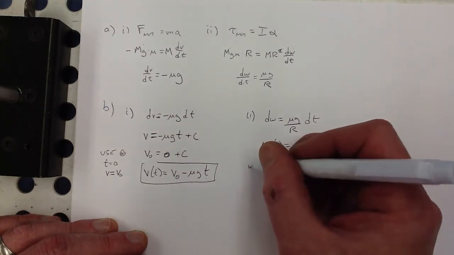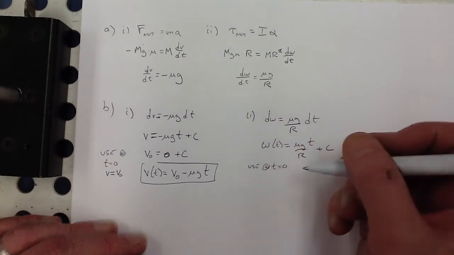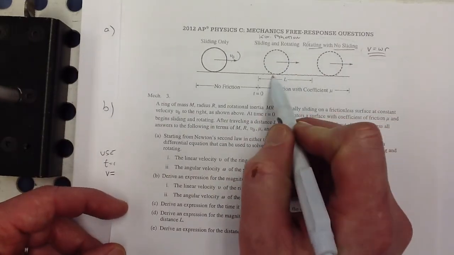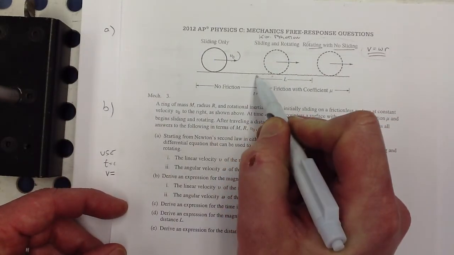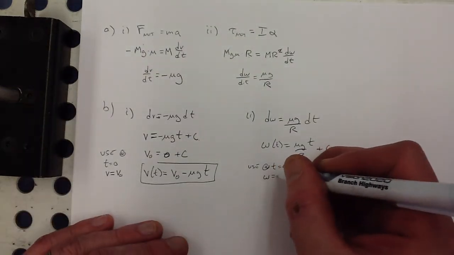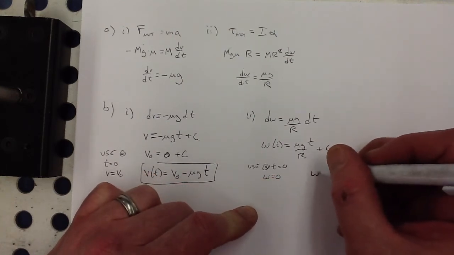Then I'm going to use the fact that at time 0, when it first hits the friction patch, it's not rotating at all. It's only sliding, so its angular velocity is 0. So that means c is 0.